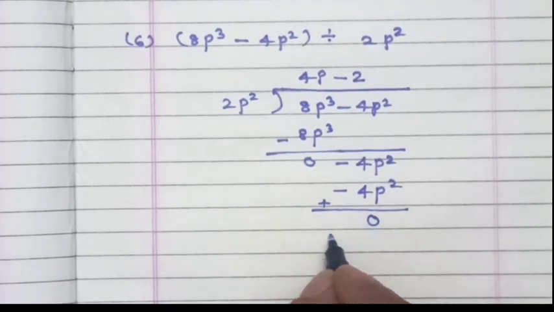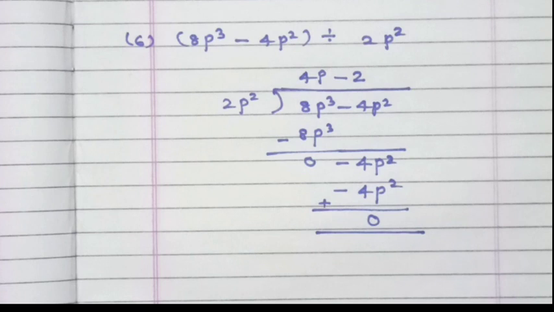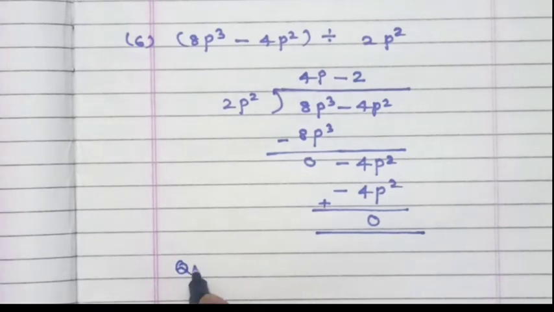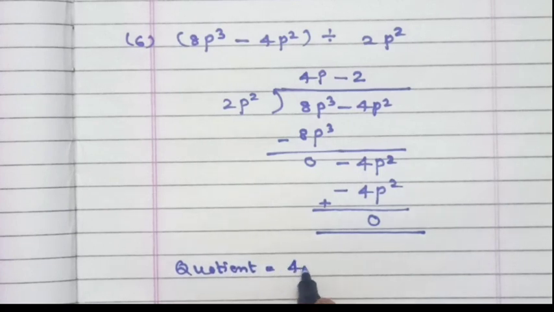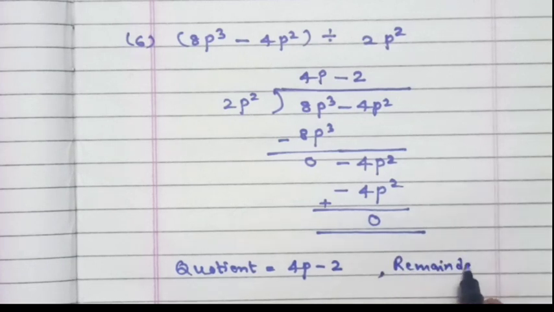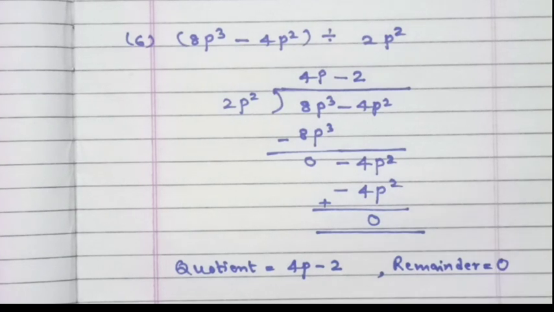Sign changes, answer is 0. Your remainder is 0. So you will be writing here quotient as 4p minus 2, and your remainder is equal to 0.